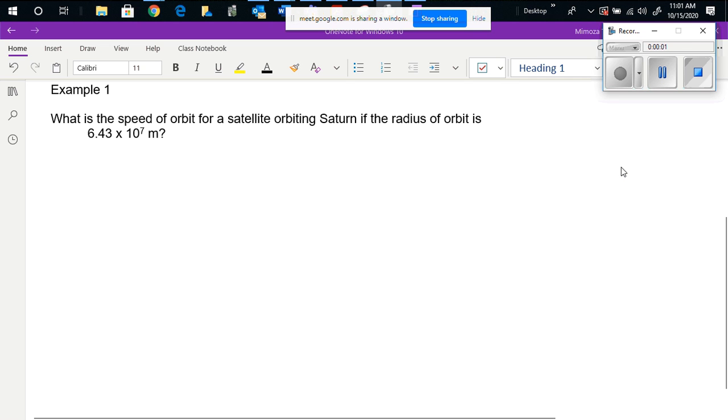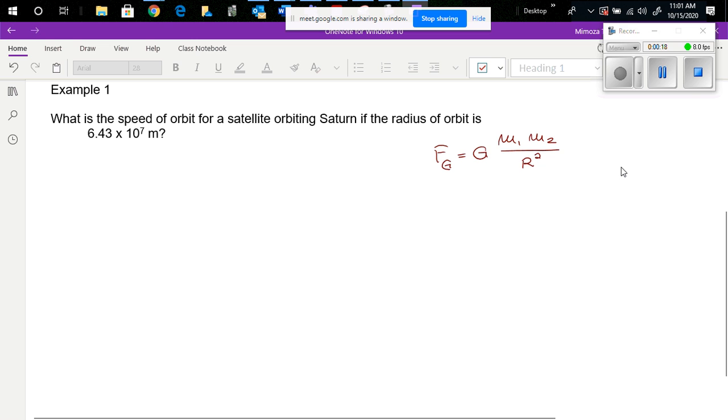So now we know that if we have two objects that have a mass, they will experience a universal force of gravity that is calculated as capital G mass 1 mass 2 over r squared.